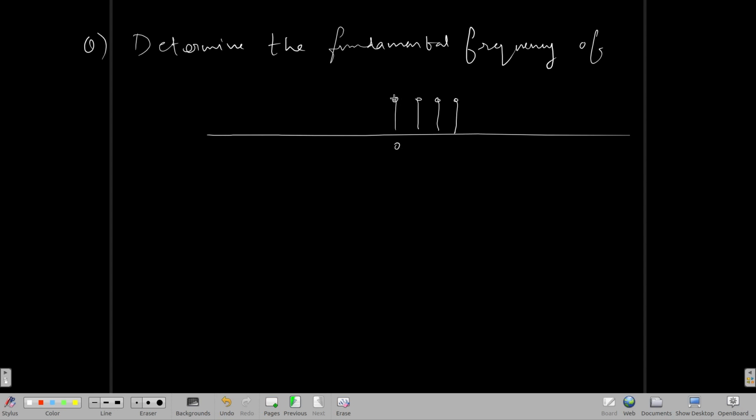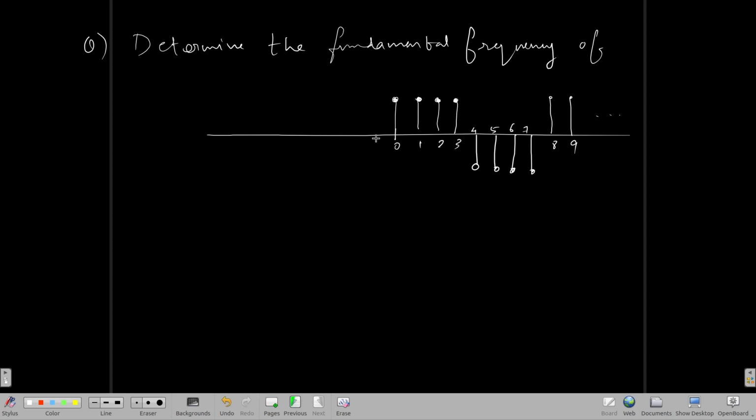Because these lines are just to show that a point is there. So only these values are there, these dot like things. So 0, 1, 2, 3, then we have 4, 5, 6, 7, then it is again repeating from 8 onwards.